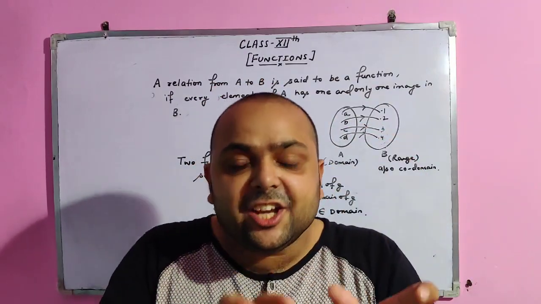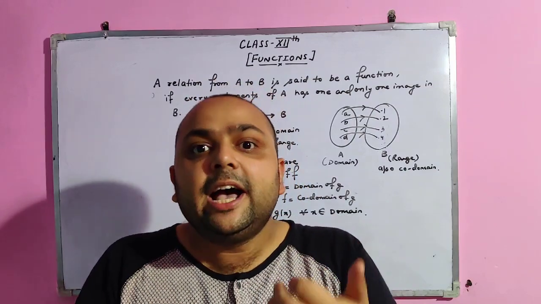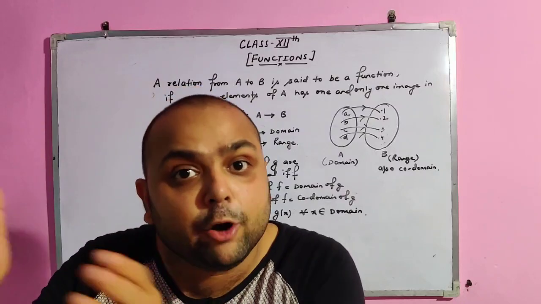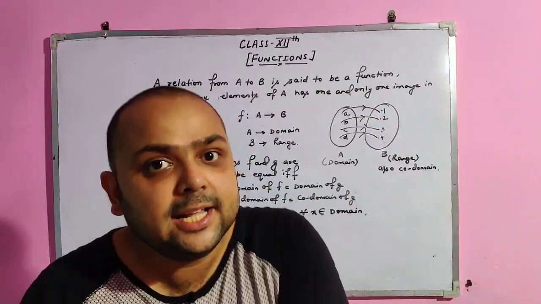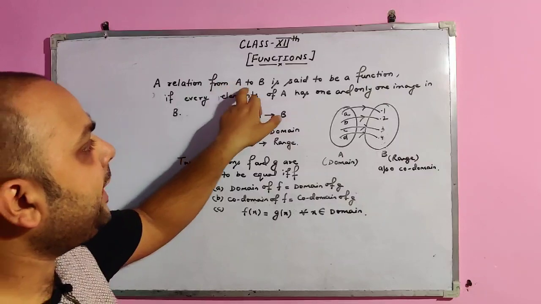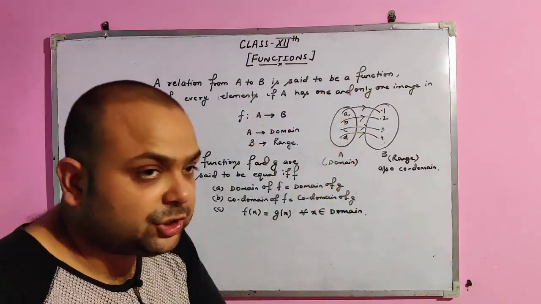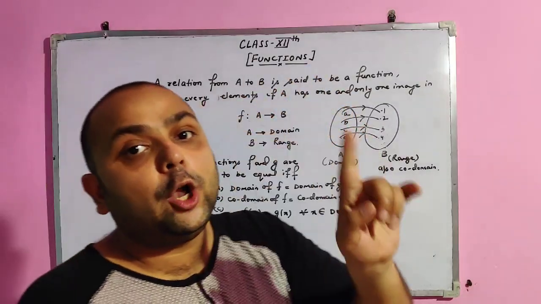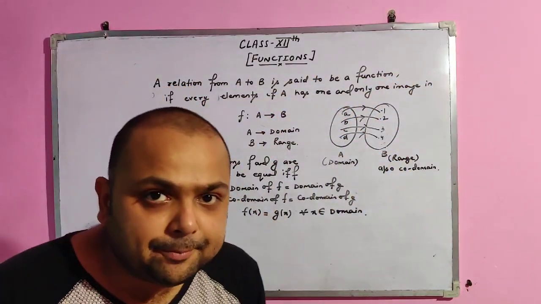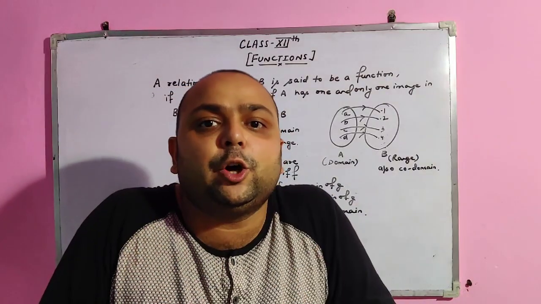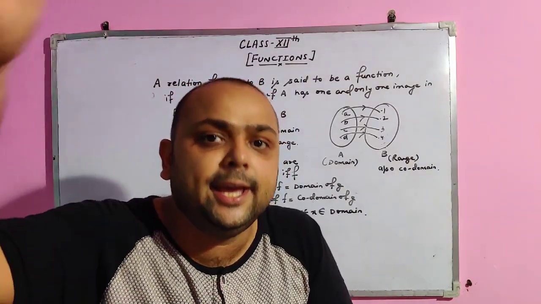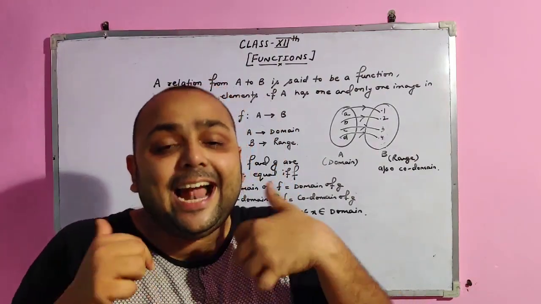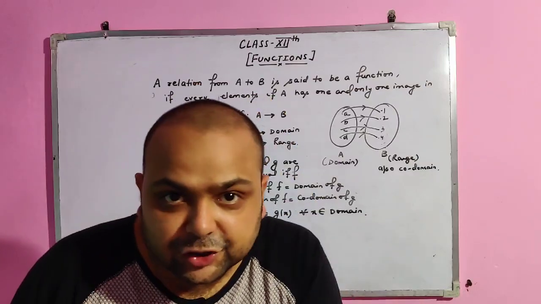Now any relation is called a function if every element of A has one and only one image in B. That is, for each element of A there should be one image in B. If this condition holds for a relation, then that particular relation is called a function.